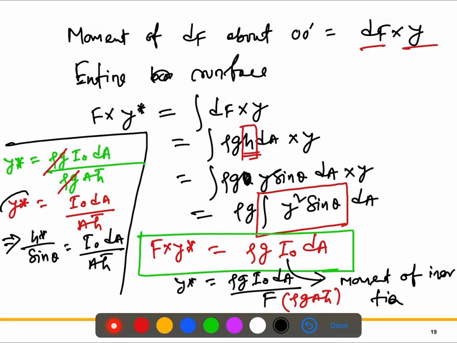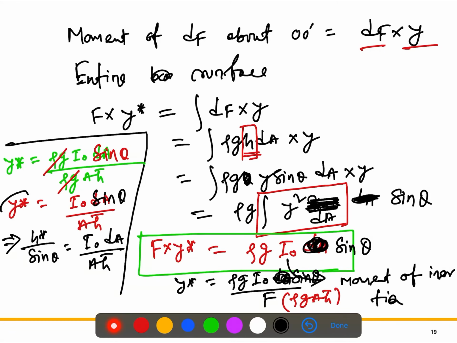Here, you see, y squared dA is the second moment, and it will be sine theta. So that means it is rho g I naught sine theta. Instead of dA, it will be I naught sine theta. Sorry for that, I realized it a bit later. So it will be sine theta.